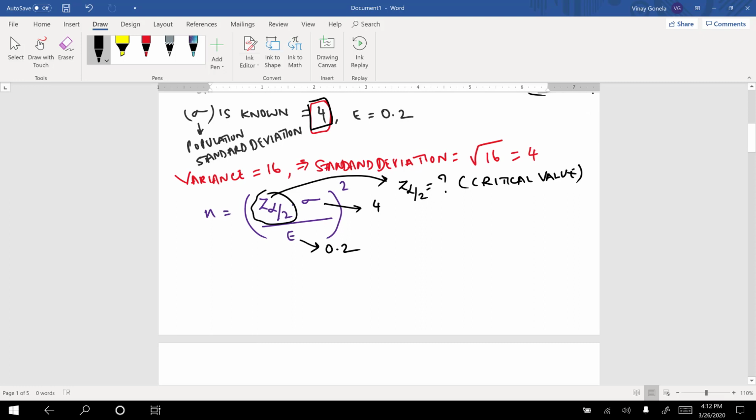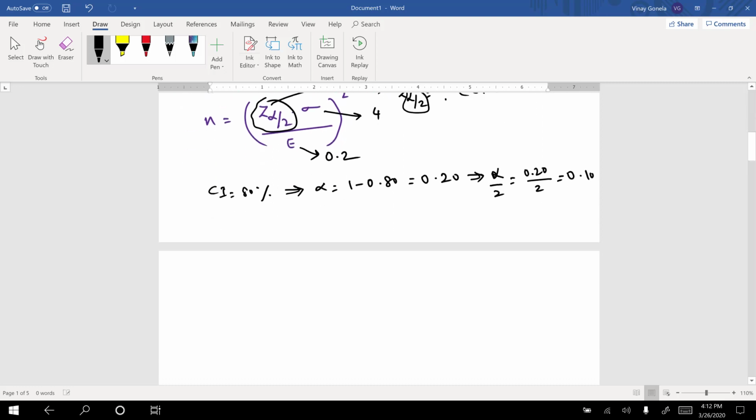So that means alpha would be 1 minus 0.80, that is equivalent to 0.20, but we wanted alpha over 2, so alpha over 2 would be 0.20 over 2, that's 0.10. So we wanted to calculate z value at 0.10.